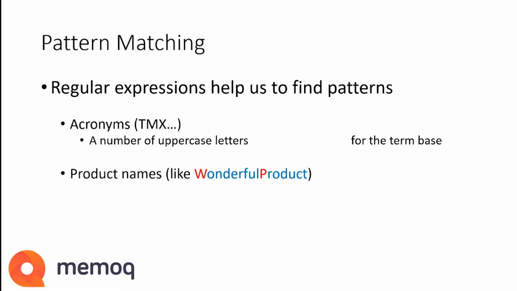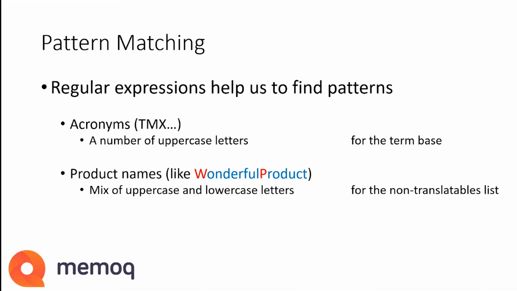For example, product names, feature names that have capital letters inside of a word, that have numbers inside of a word. So things that are not regular terms, regular words, but things that we might want to treat special, like with the non-translatables list. So also, it's always important that we find the pattern that we're looking for. So all uppercase letters or combination of uppercase and lowercase letters.